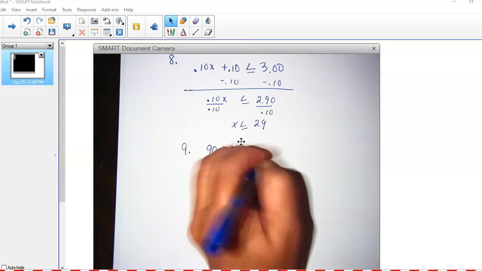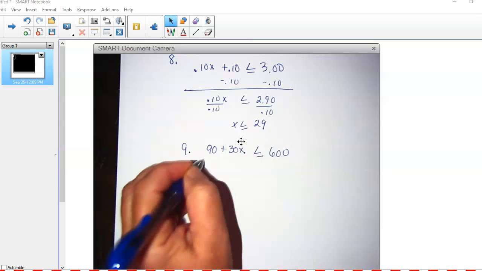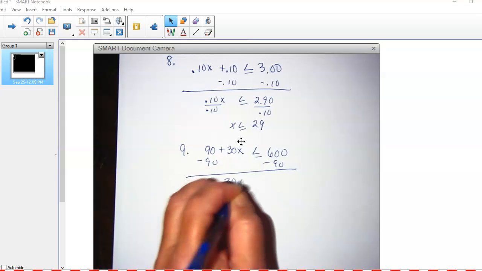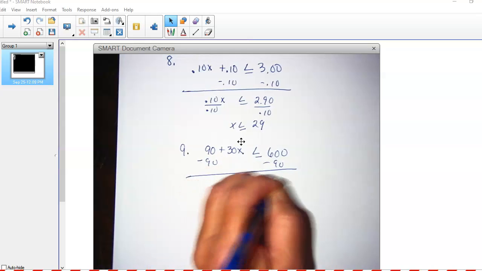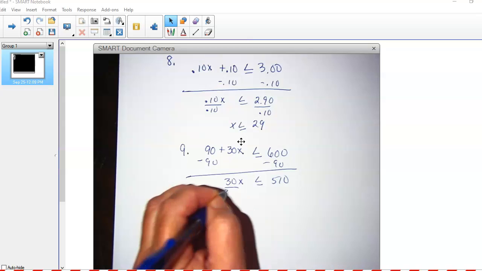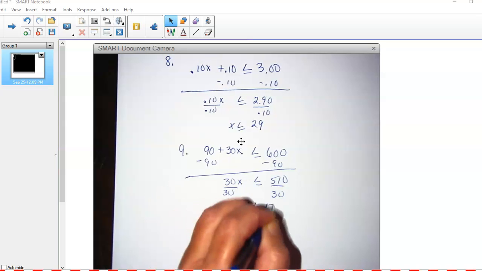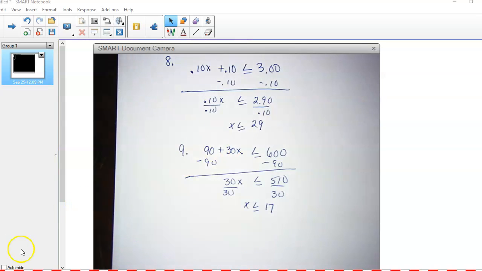So, you only have the 600. Okay, now let's solve it. Divide by 30. x is less than or equal to 17. Okay, we are finished. Make sure you graph this, and I would do your set and interval notation as well.